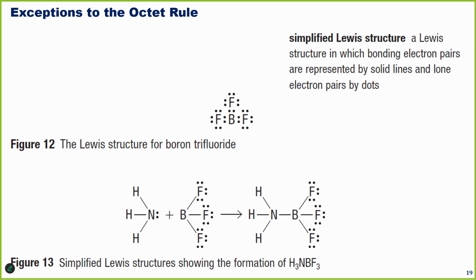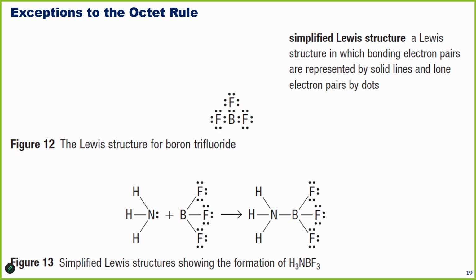Okay, next let's have a look at the exceptions to the octet rule. When drawing Lewis structures for molecules, hydrogen items always obey the duet rule, and carbon, nitrogen, oxygen, and fluorine items and other halogens obey the octet rule in all circumstances.